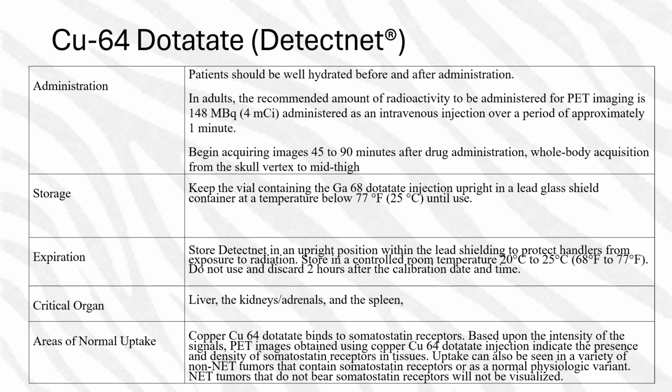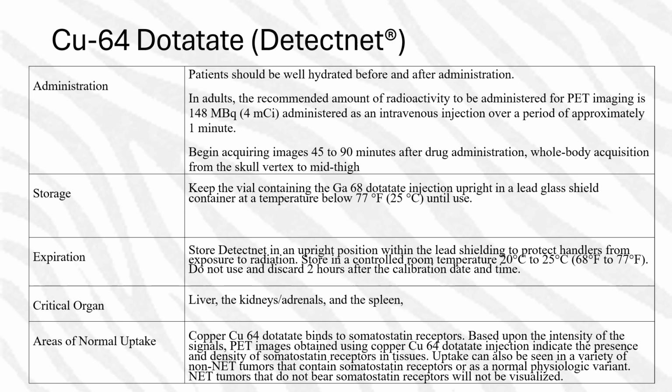For administration, patients are given about 4 millicuries. And imaging begins 40 to 90 minutes after the drug administration, and it's a whole body acquisition from the skull vertex, which is the top of the skull, down through the mid-thigh.